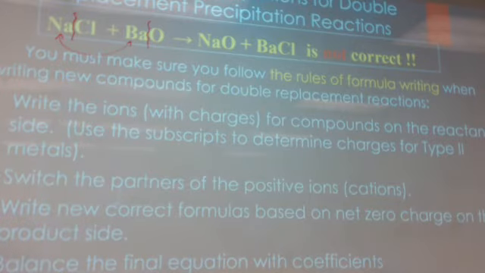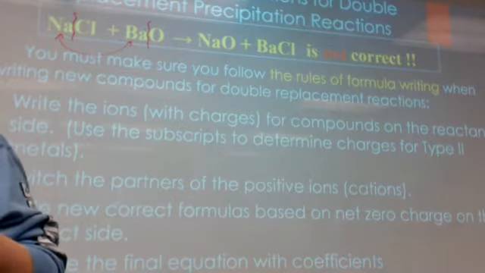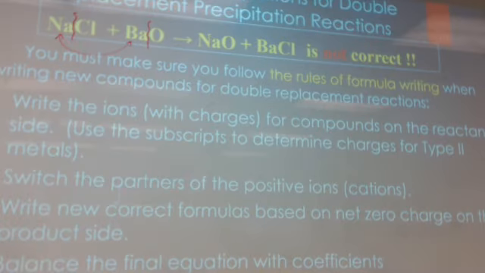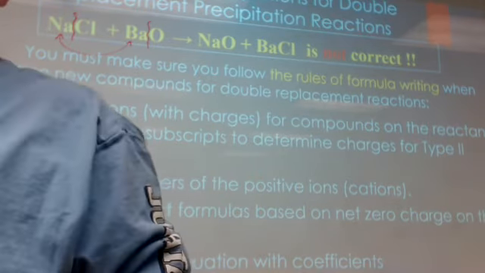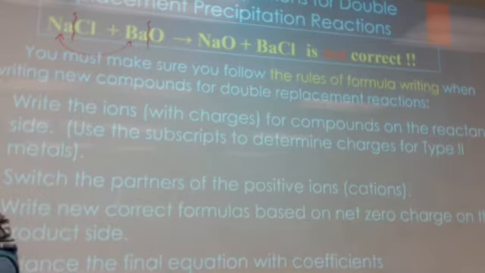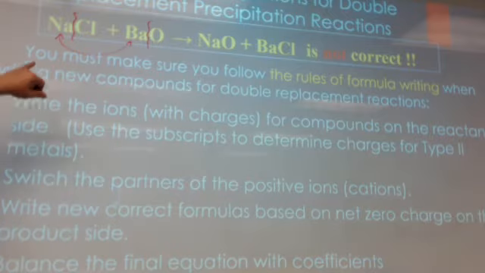In reality, you still have to follow the rules for formula writing for ionic compounds. Let's take a look at why these formulas were correct. In all ionic compounds, the formula is determined by the ratio of charges. How many of each ion does it take for them to cancel each other out?